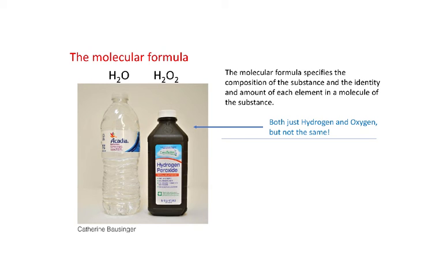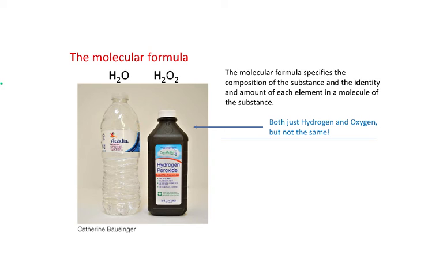We obviously will stick to more reasonable ones than that, but the molecular formula specifies to us the composition of the substance, the identity and amount of each element in the molecule of the substance. So we encountered this notation with subscripts before with ions, and they mean the same thing here, right? The subscripts tell us how many of that atom just prior to it there are.